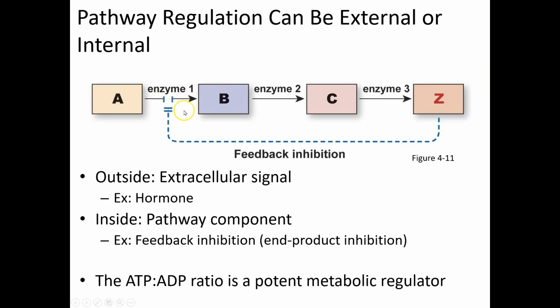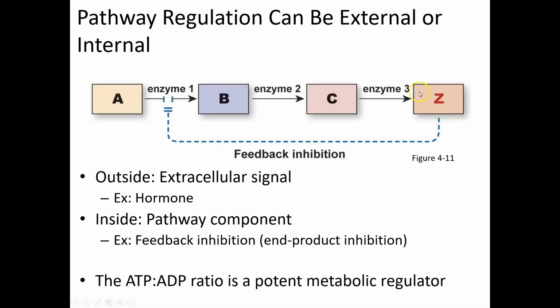So you can also regulate these pathways through a few other methods. One is an extracellular signal, like a hormone. So you can increase or decrease this activity with a hormone, or you can actually use the pathway itself to control, and that's called feedback inhibition. Let's say we're going through this process where we're going from A to B and C and D and E and so on. And eventually we get to Z, and Z is our desired product.